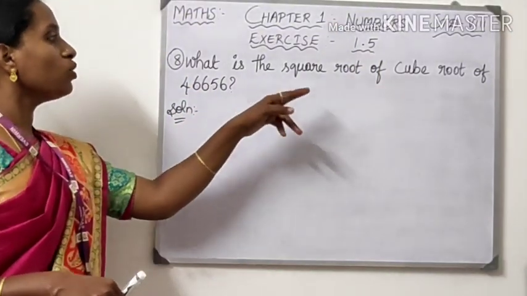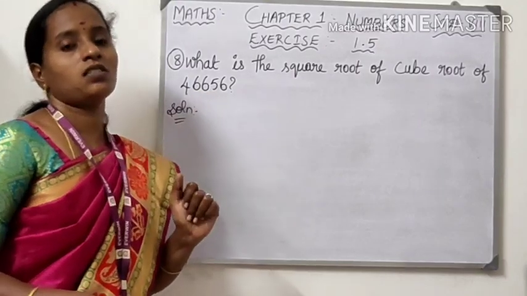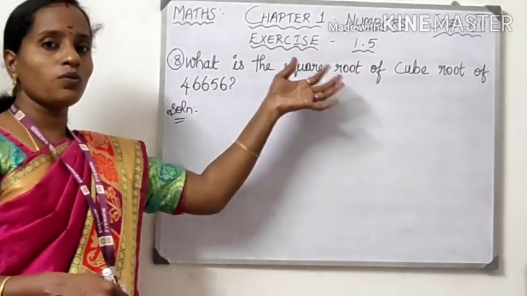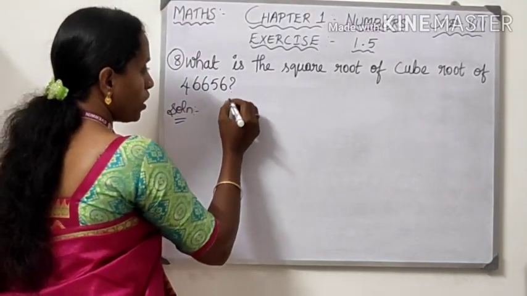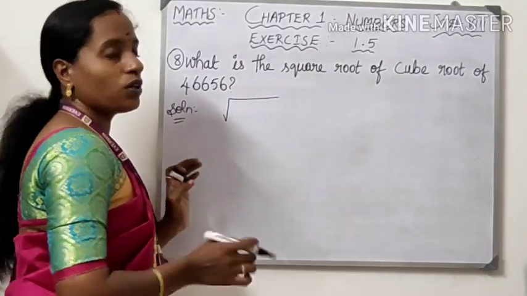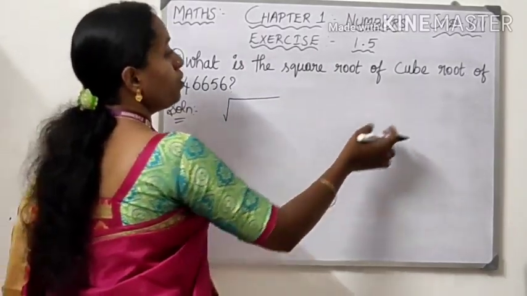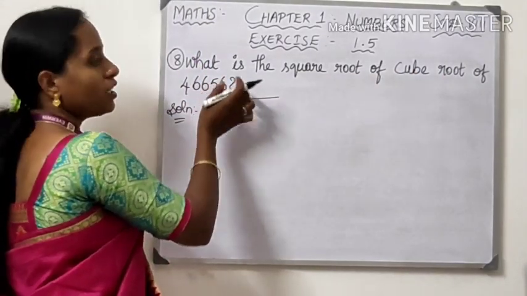Here we have the 8th question. What is the square root of the cube root of 46,656? So first you should understand what the question is. This question can be written in the form of square root of, so first put a square root. Then inside that square root they are asking the cube root of 46,656.